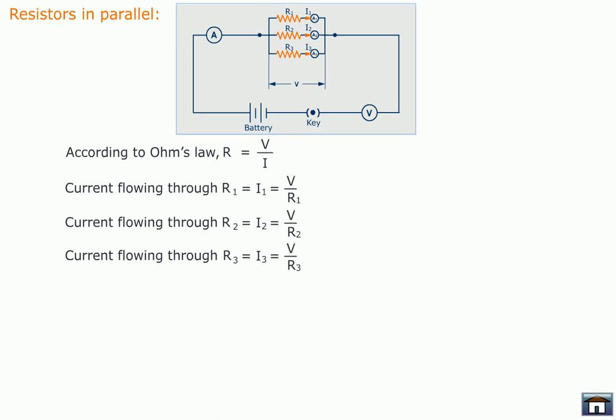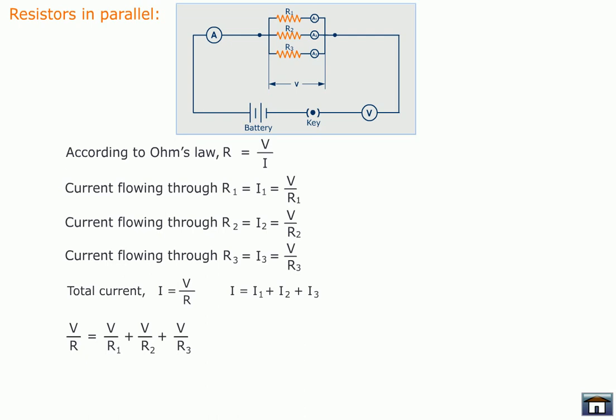But we know that I equal to I1 plus I2 plus I3. Therefore, by substituting the values in this equation, we get V by R is equal to V by R1 plus V by R2 plus V by R3.